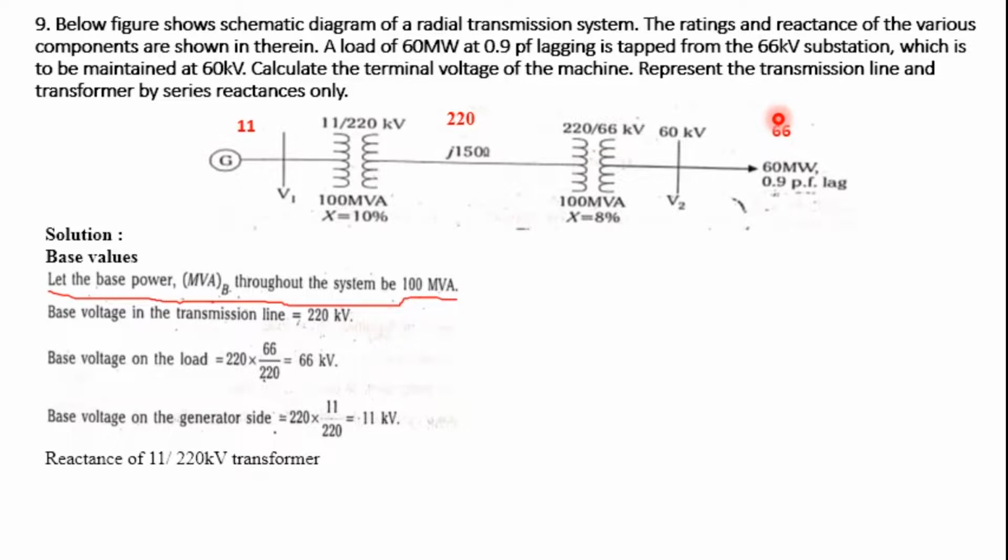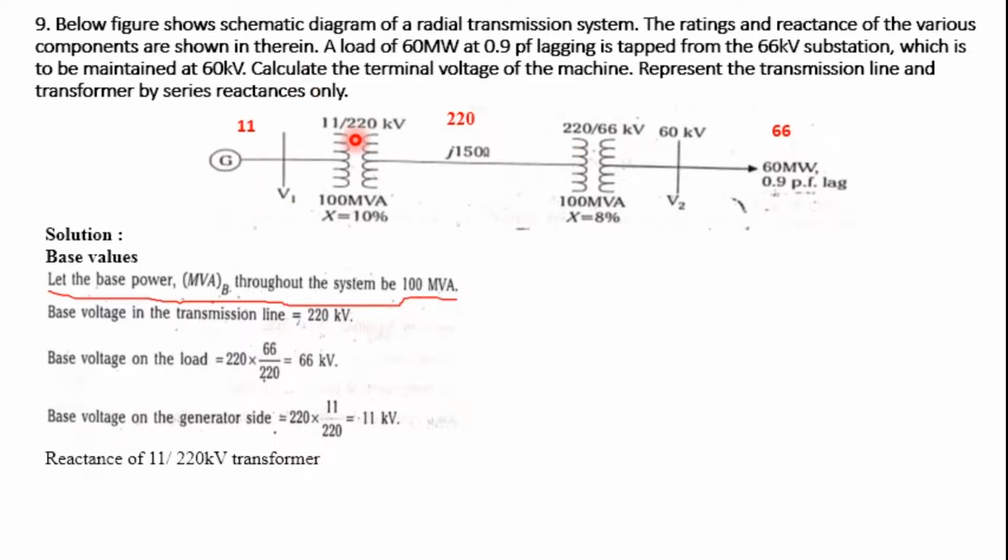So next, what we have to do? We have to calculate the reactance of the generator, transformer, transmission line, and the load. Here I don't know the reactance of the generator, so directly we are going for the transformer 11 by 220 kV.